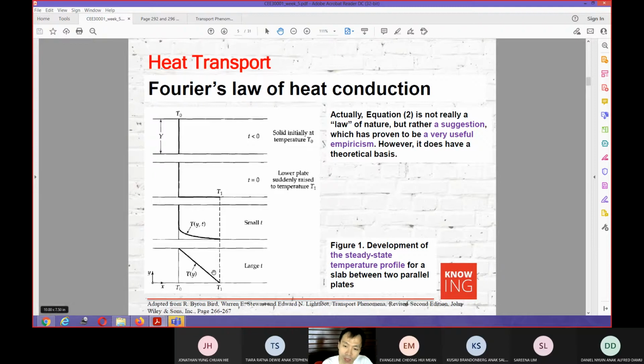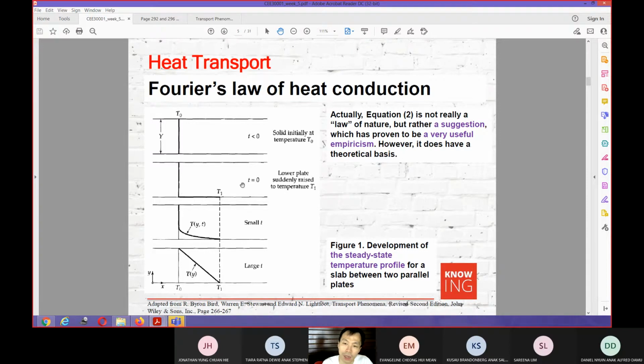Instead, the bottom plate is heated at time t equals 0 to a higher temperature than the initial temperature. The initial temperature is T0, when there is no heat, the temperature across the slabs as a function of y is the same at T0.